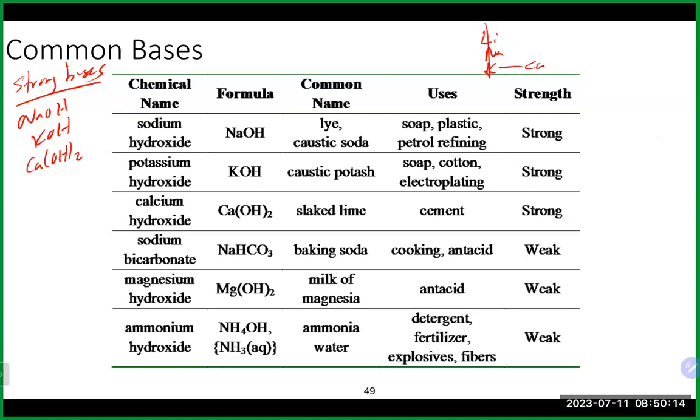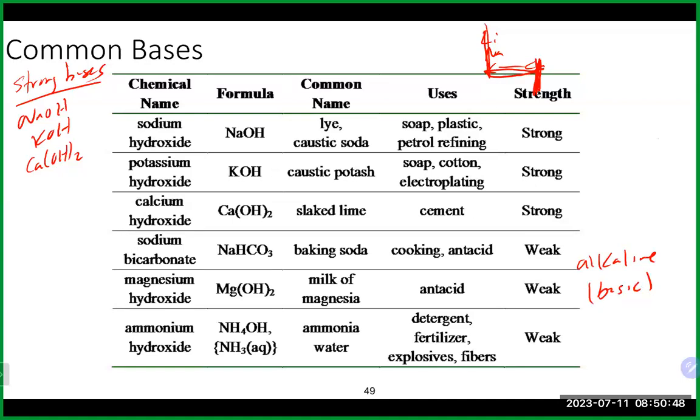Any of those in group 1 or group 2 that have hydroxide with them are going to be strong bases in most cases. Again, group 1 is the alkali metals, group 2 is the alkaline earth metals, and the word alkaline means basic. So that's where a lot of our strong bases come from.